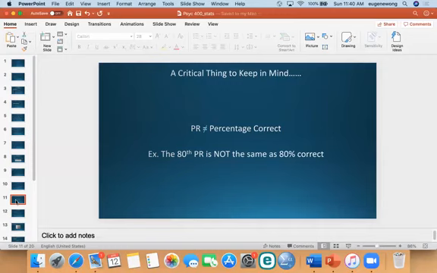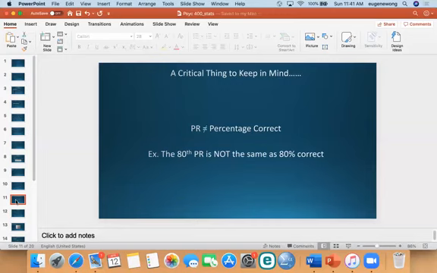So therefore, this person has done quite well, quite above average. 80% correct is, hey, there were a certain number of items or points that you could get, and you got 80% of those points. It says nothing about what percentage of scores is at a particular value and less. So it is absolutely critical that you keep percentile rank separate from percentage correct.